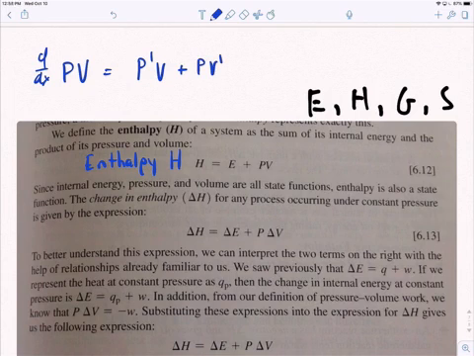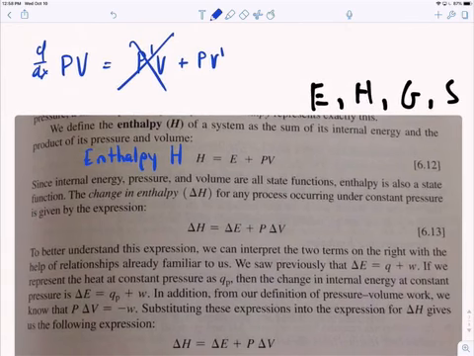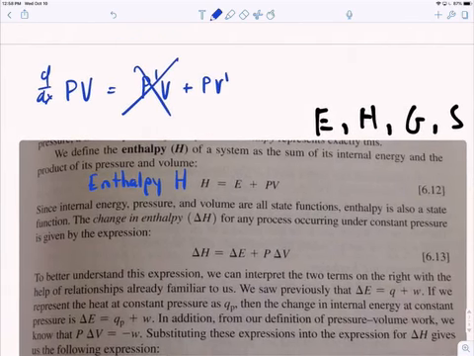So this is saying constant pressure. For constant pressure, this term goes away. If you take the derivative of H, you're going to get E prime plus P prime V plus P V prime.